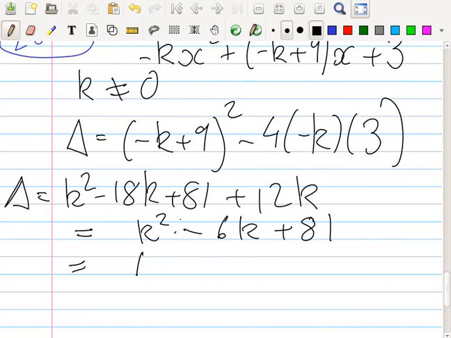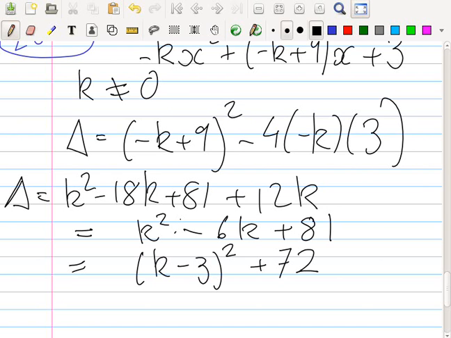So this here will be k minus 3 squared, and then we do 81 minus this squared. 81 minus 9, 72. So we complete the square, which you've had a lesson on.